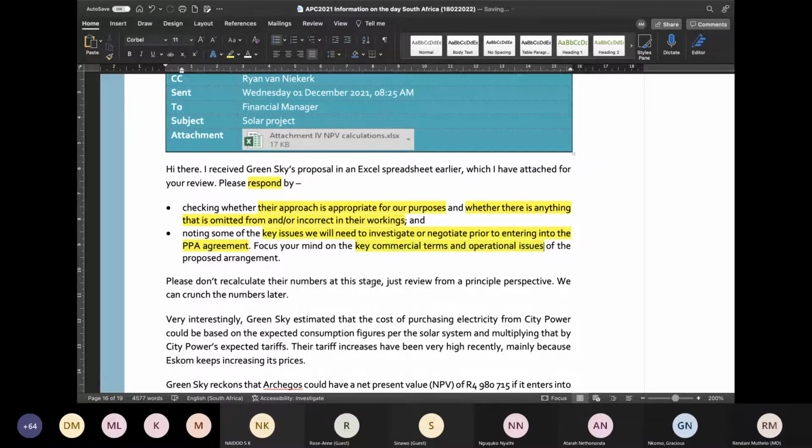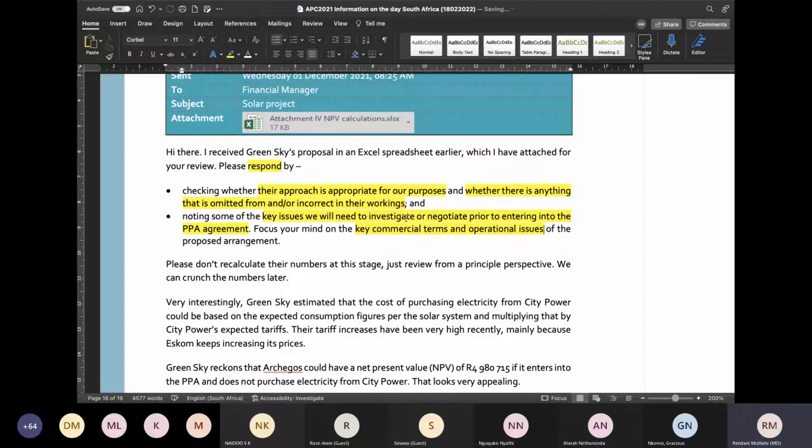So they are very clear: focus on the commercial terms and operational issues. So let's say they didn't say this. What other things can one focus on?